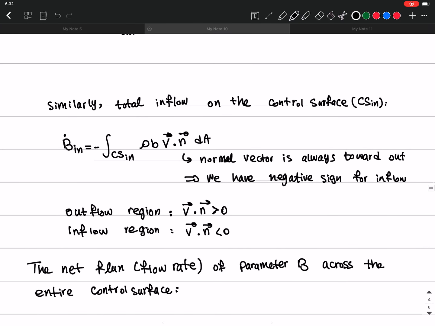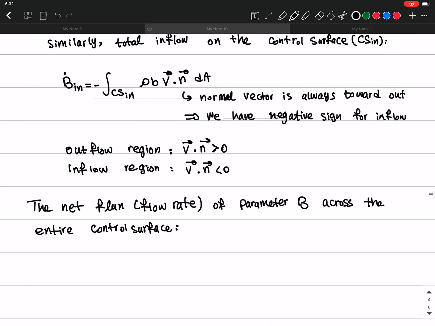We just need to subtract B dot in from B dot out. So B dot out minus B dot in gives us the net flux of that control volume across the whole control surface.